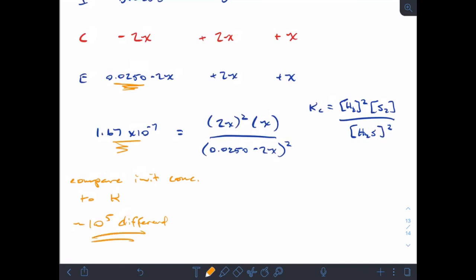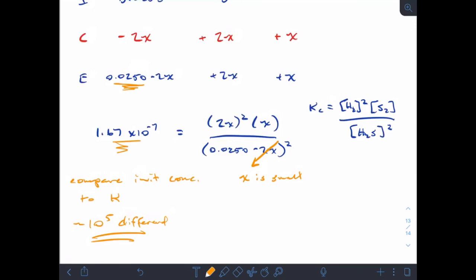Because there's a large enough difference, I can take this out and say x is small. Because K is as small as it is, the change to the 0.025 will be insignificant.